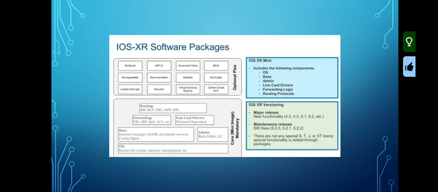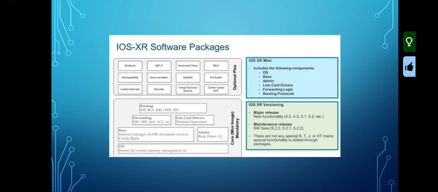So when you talk about OS, you've got the kernel, file system, memory management, and lots of stuff which is part of the OS, of course. Admin is related to rack, fabric, and line cards. Base is related to the sysdb database, interface manager, checkpoint services, and configuration management.